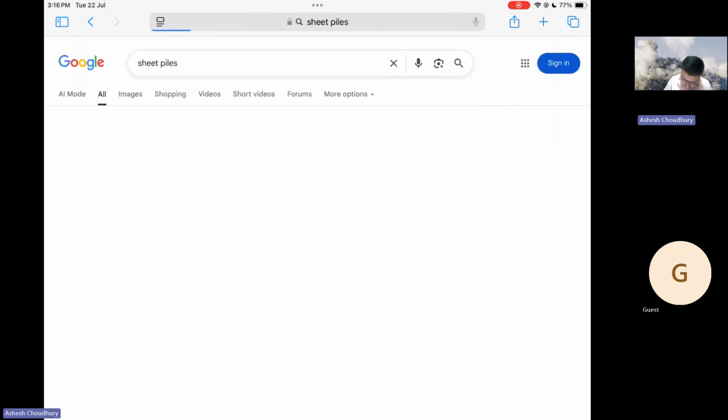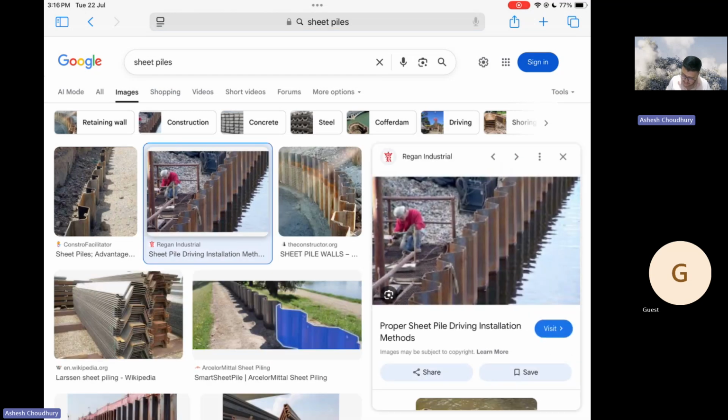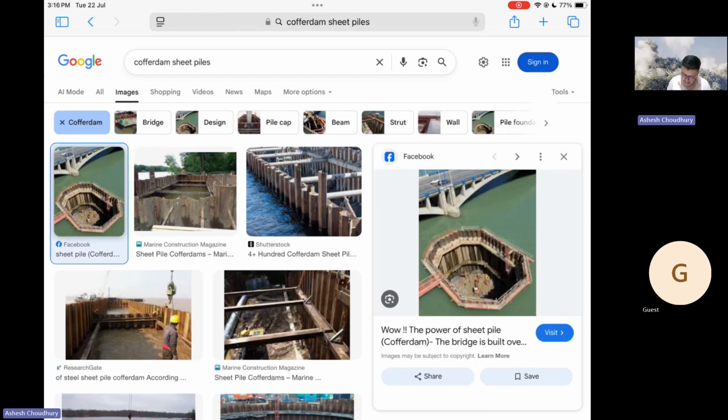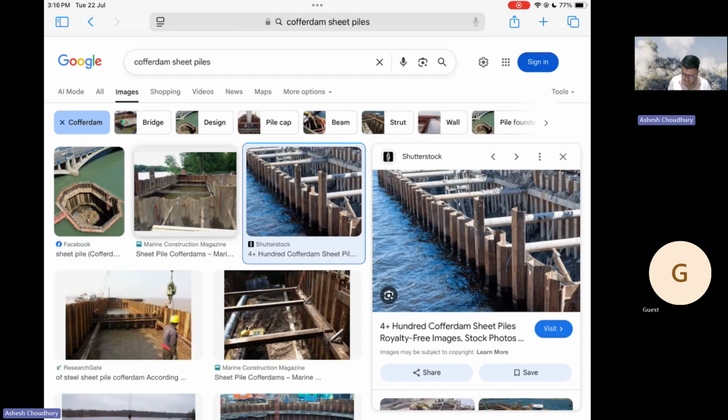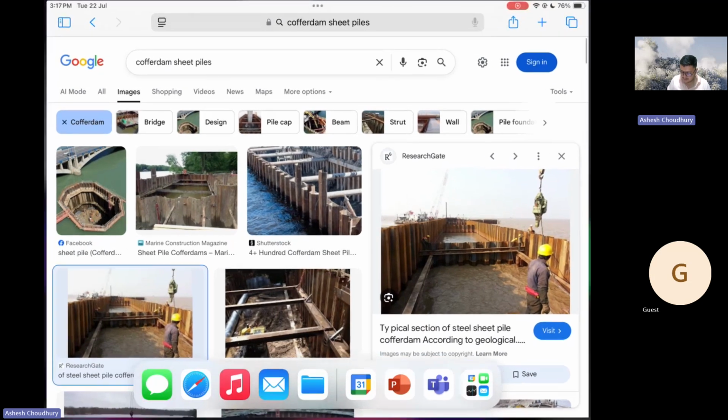Sheet piles are used in many offshore applications like shoreline protection, and during the construction of piers, you can make a cofferdam. There are many uses of these sheet piles because you just need to carry them and drive them. They're easy to construct and easy to build structures with, so they are quite helpful to us, especially in marine conditions.